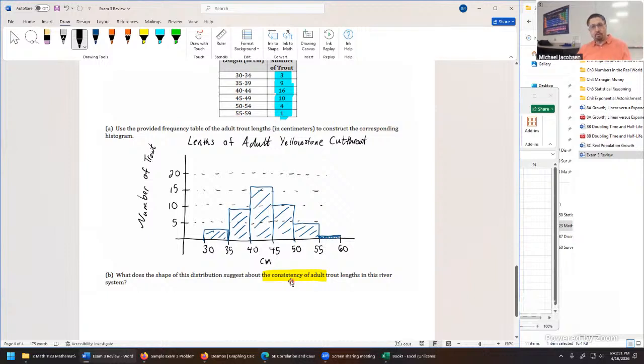By consistency, I would probably just focus on where is most of the data. Well, the highest peak is between 40 and 45. The height is at 16, so 16 trout in that region. But most of the data then goes between 35 and 50 centimeters. So that's how I would personally interpret what they mean by consistency.